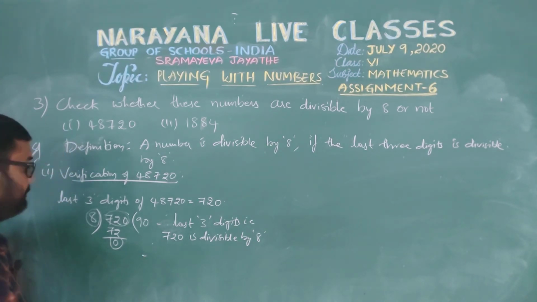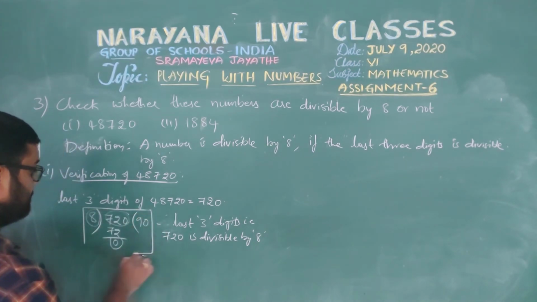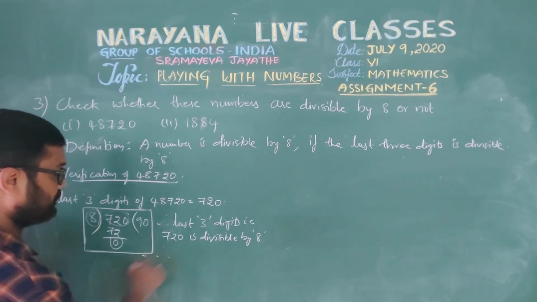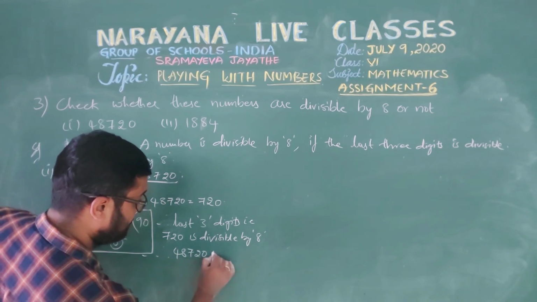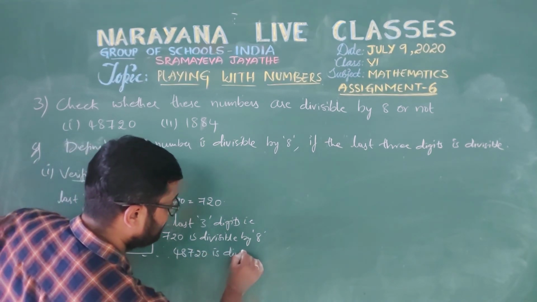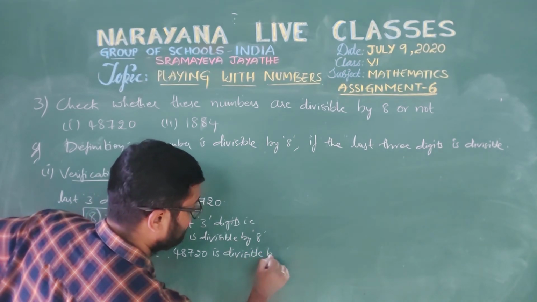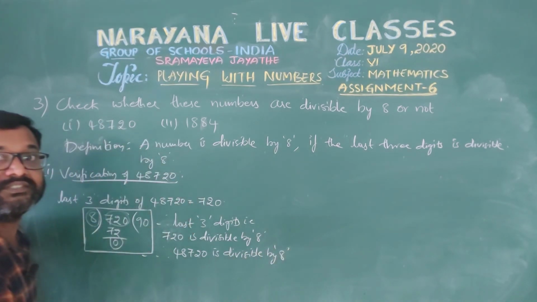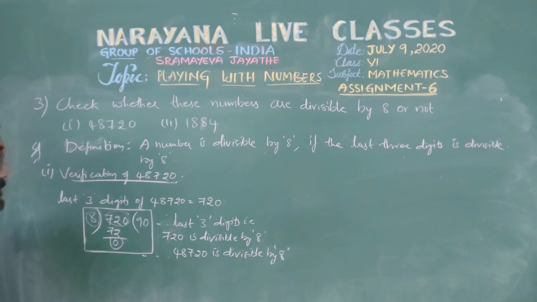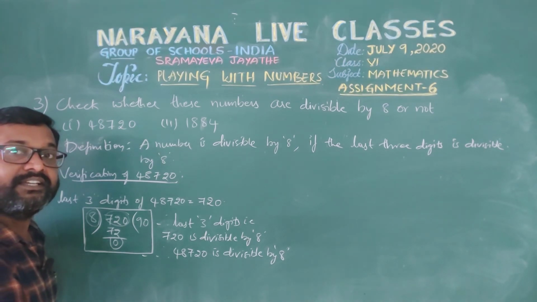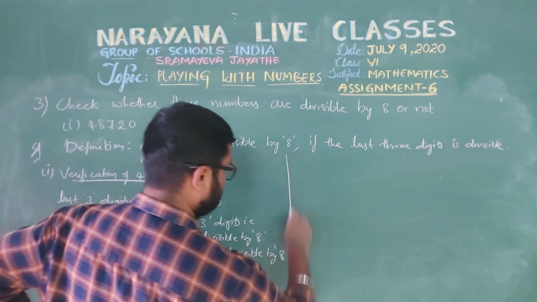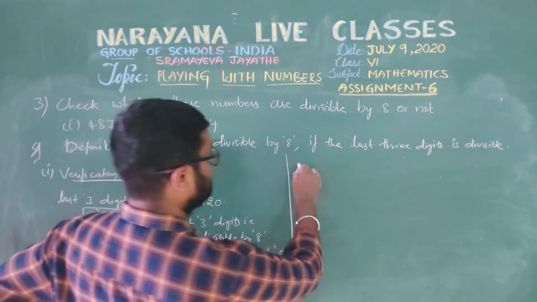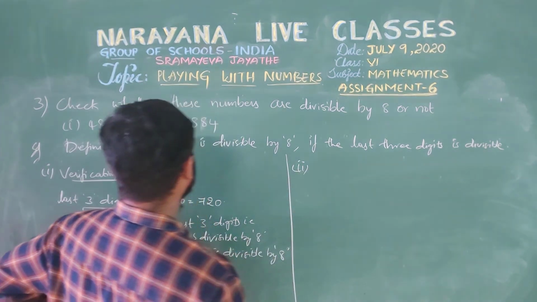Therefore, by this division, 48720 is divisible by 8, isn't it? So like this we can verify whether a given number is divisible by 8 or not without doing actual division. So now let's do the next number verification.